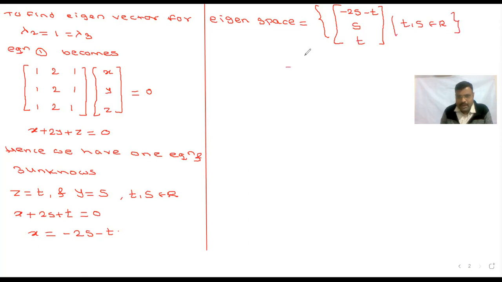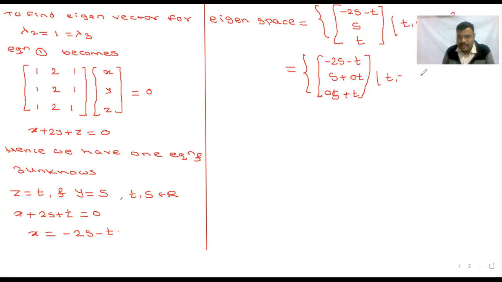So we got the eigenspace. So we just separate the eigenspace, minus 2s minus t. What is the value of y here? From the second equation, it is s, and from the third, z is t. So 0s plus t, such that t and s belong to R. Now just separate the s and t.